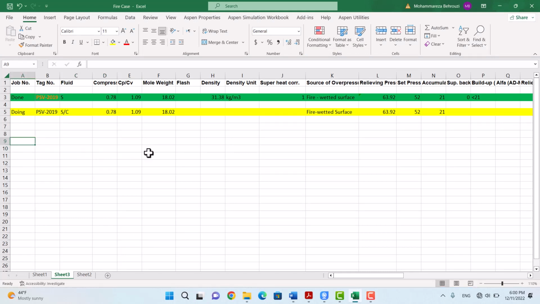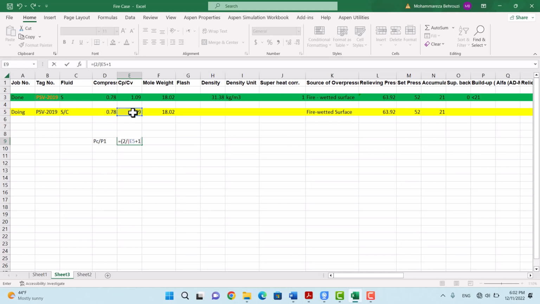So here I need the cofactor. So here I write down PC to P1 equals... so I have calculated this ratio.